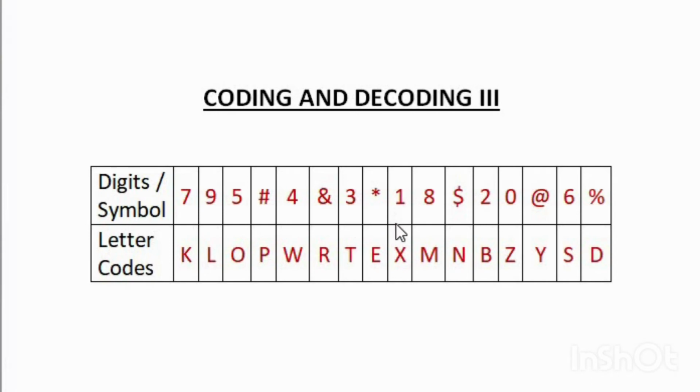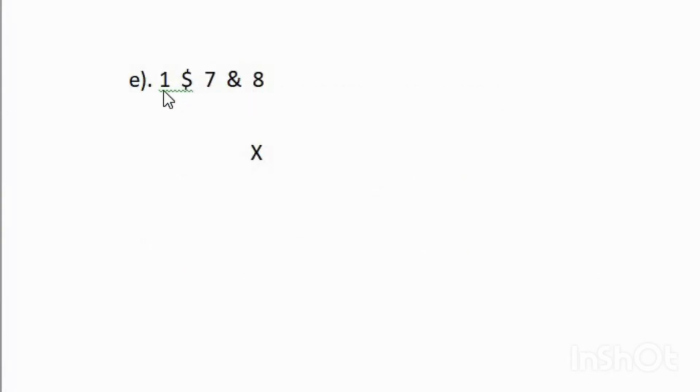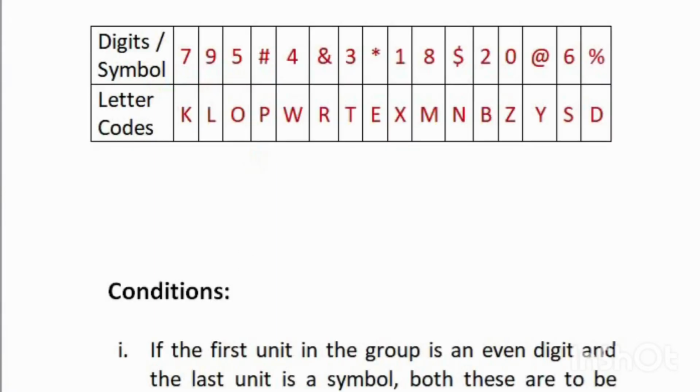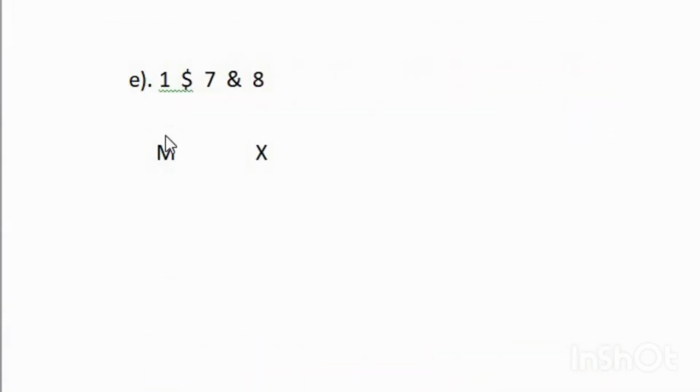That is, the letter code of 1 should be written under 8, and the letter code for 8 should be written under 1. The letter code for 1 is X. So the letter code X should be written under 8. Now the letter code of 8 is M from this table. So M should be written under 1. That means the letter codes of 1 and 8 should be interchanged like this.